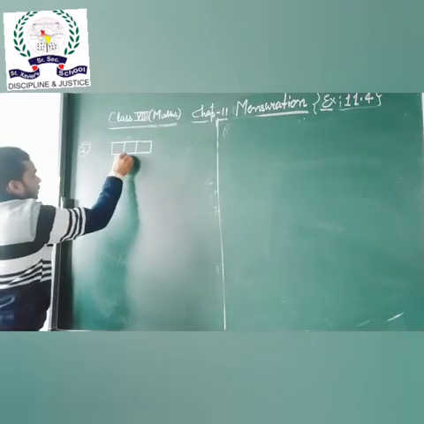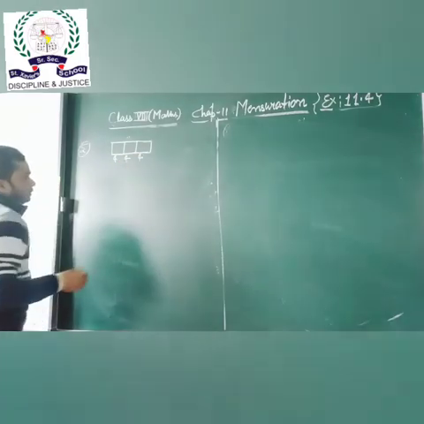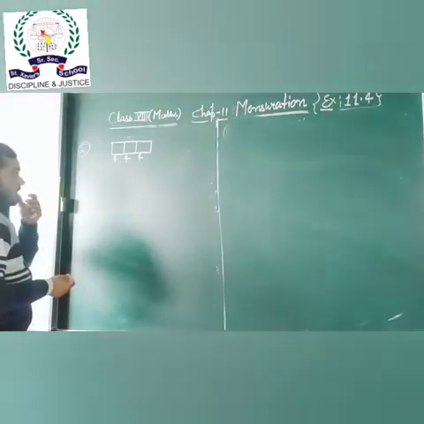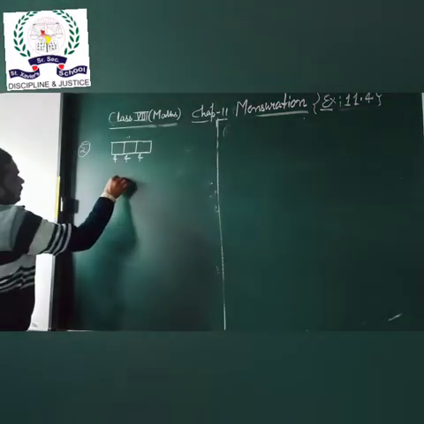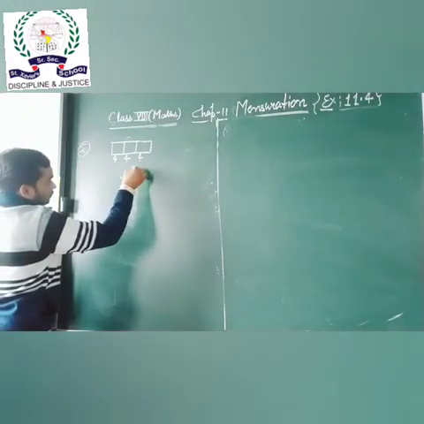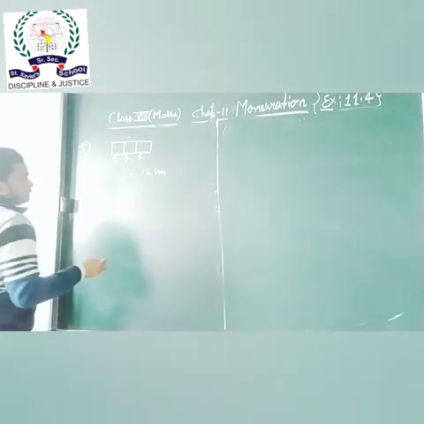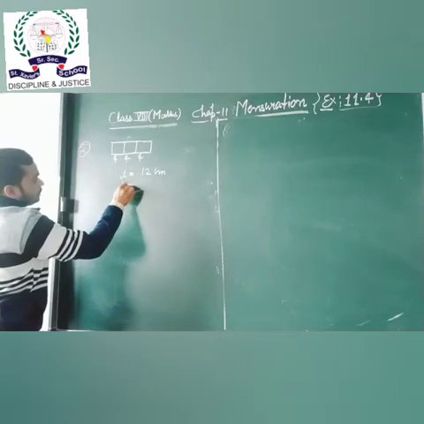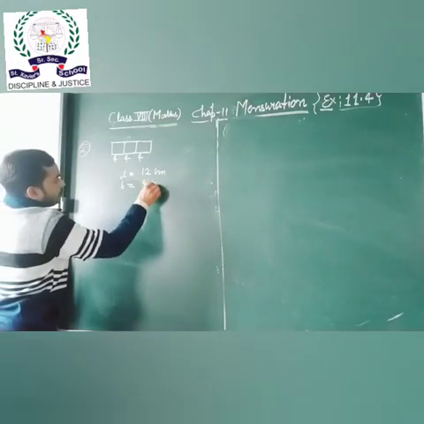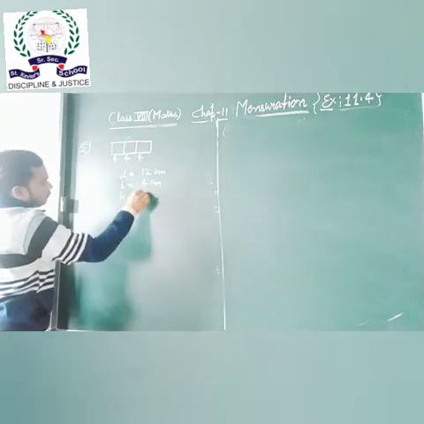So 4 centimeter and 4 centimeter. So length becomes 4 plus 4 8 plus 4 12 centimeter and breadth 4 centimeter and height also 4 centimeter.